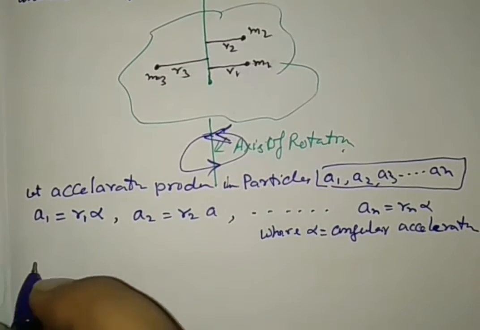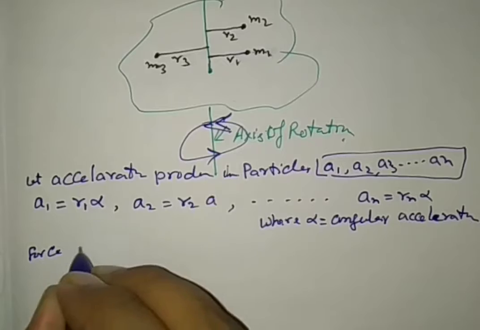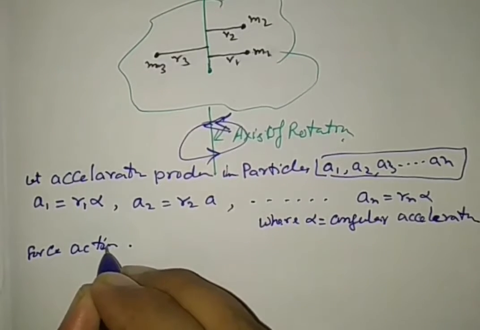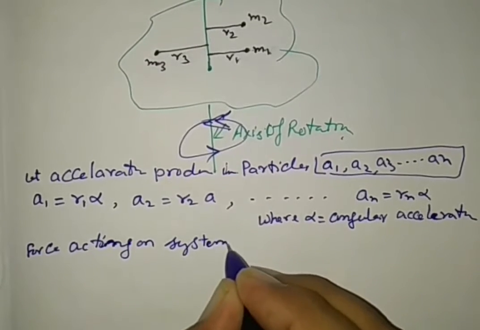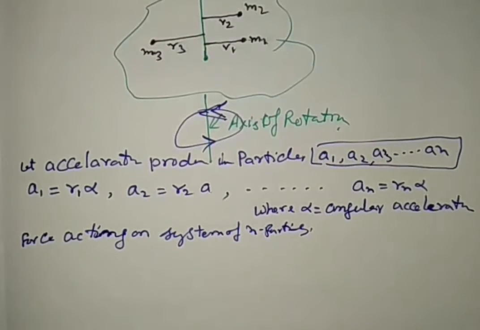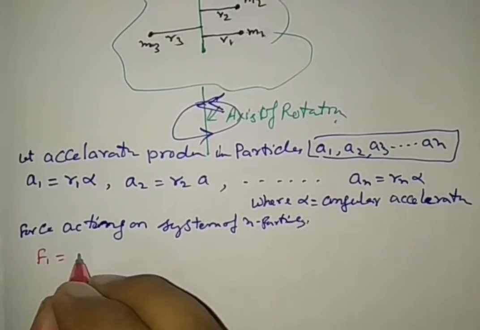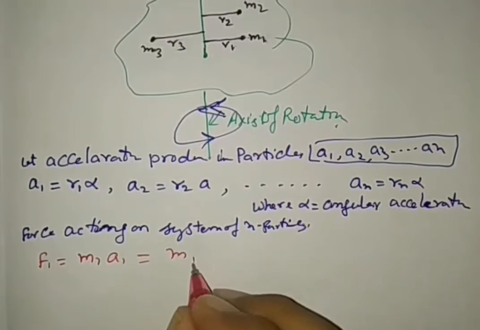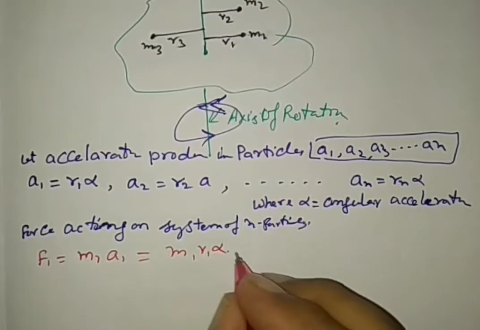Now the force acting on the system of n particles. F1 is equal to m1 a1, and a1 is r1 alpha.